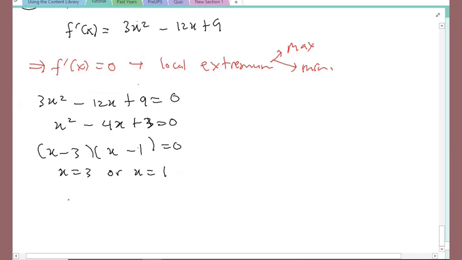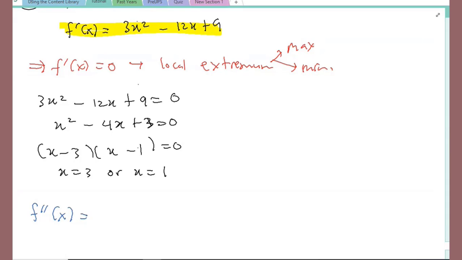Check using the second derivative. So get one number and find the second derivative. The second derivative is to check whether this one is maximum or minimum. Find the second derivative from this one. The second derivative is 6x minus 12.